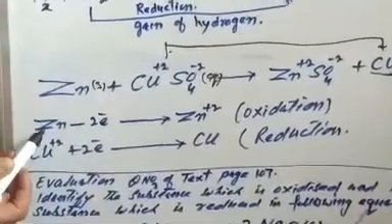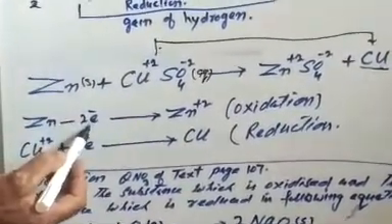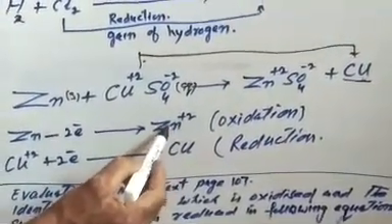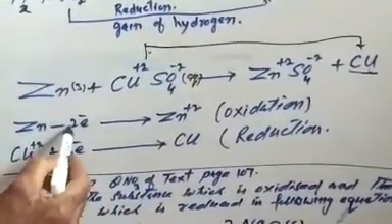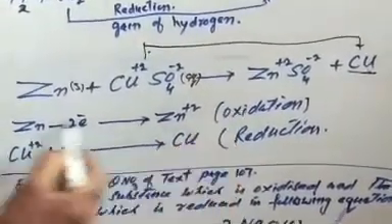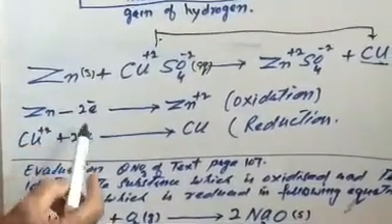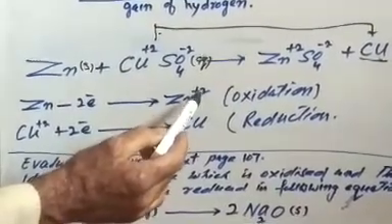See here, zinc in the atomic form loses 2 electrons, each zinc atom, and forms the bivalent positive zinc cation, Zn2+. Loss of electrons is called oxidation. So zinc is oxidized by losing 2 electrons to zinc cation, Zn2+.